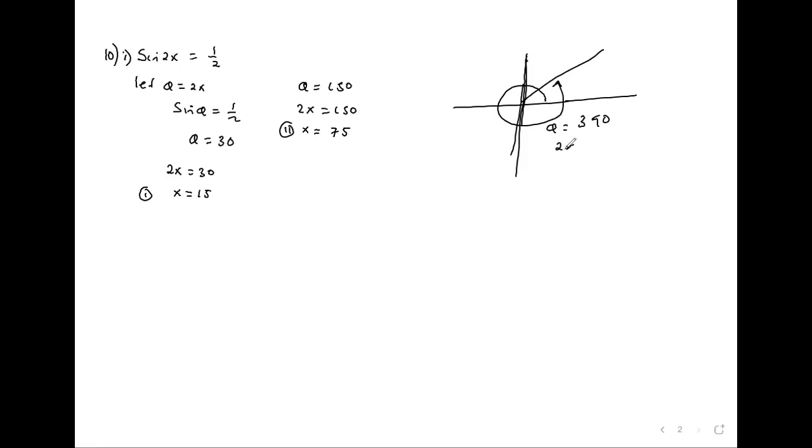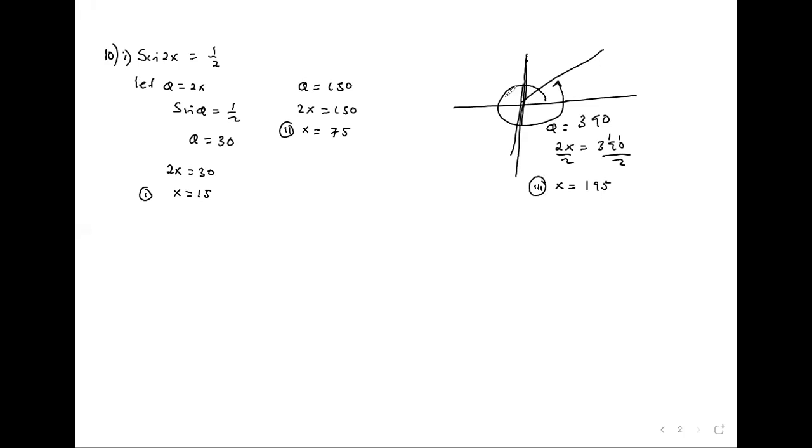So meaning that 2x is 390, divided by 2, so x is 195. Third angle. Because it's from 0 to 360, you can go around again and divide by the same.